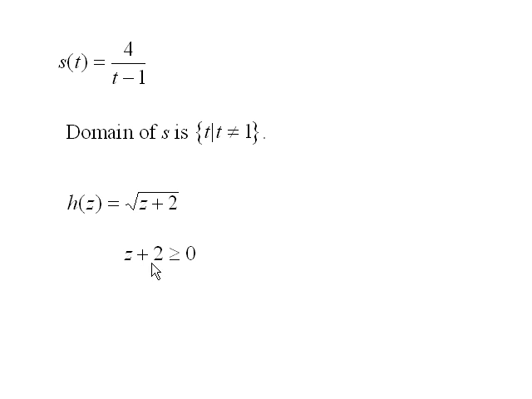I want to make sure that z plus 2 is bigger than or equal to 0. That happens when z is bigger than or equal to minus 2. And hence, the domain of the function h is, in set builder notation, the set of all z such that z is bigger than or equal to minus 2.